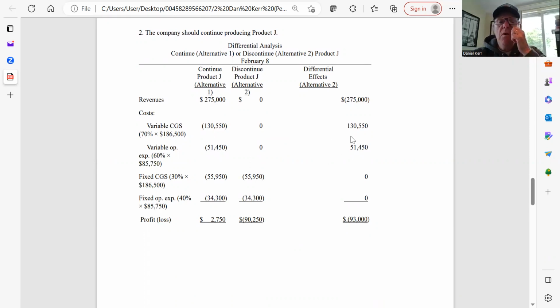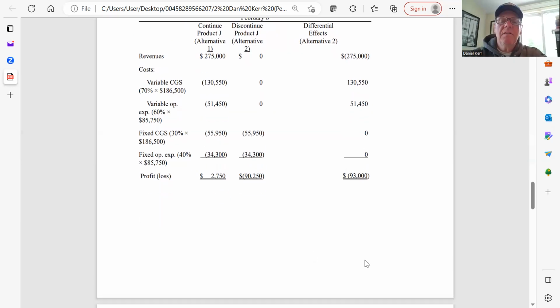So the effect overall, the differential analysis, is you get a drop of revenue of 275,000. You would eliminate the variable cost of goods sold and other variable expenses of 51,450. But overall, you would be down $93,000. So it's better to have a profit of 2,750 than to lose 90,250 by discontinuing the product. So you get a $93,000 swing there that suggests that you should continue to make it.